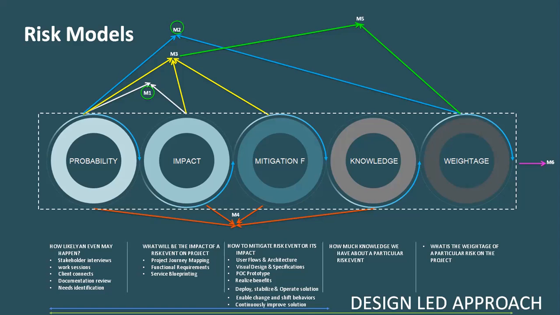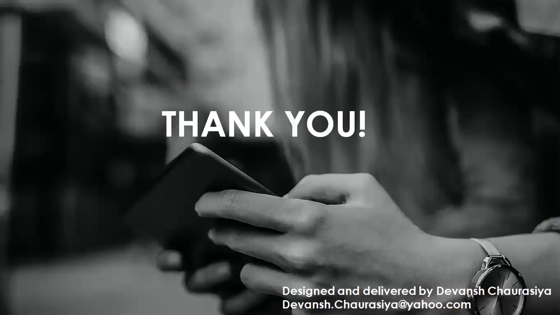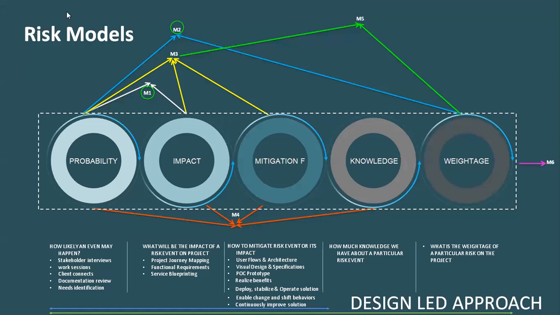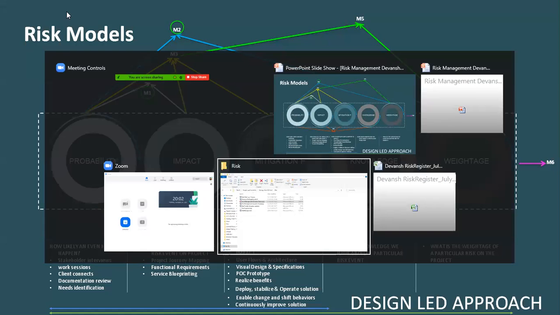So we need to use our judgment, our knowledge to pick the right model. I will be talking about 2-3 different models which are very specific to the IT industry. Okay, let me take you to Excel.